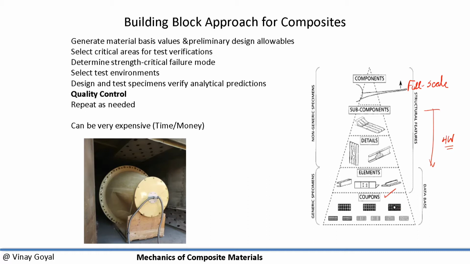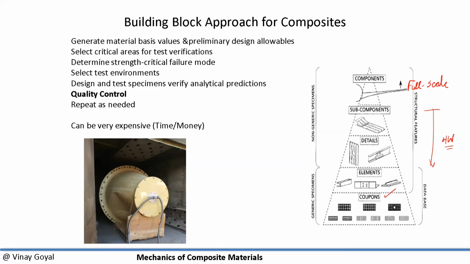The building block approach then requires understanding. So, for example, with metals, you find the strength, the yield, and stuff like that. Well, with composite materials, you're going to generate basis allowables that you're going to use in the design process. And it's going to help you understand the critical failure modes. You may have to test at various environments like temperature and moisture.